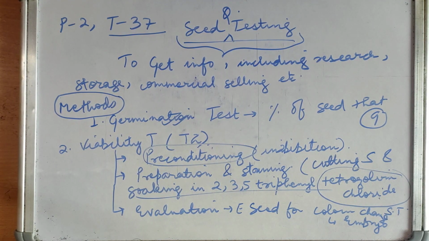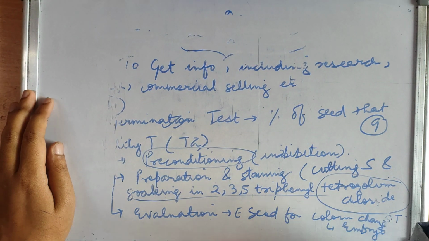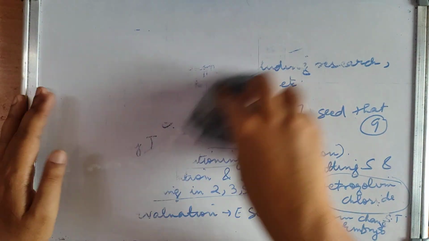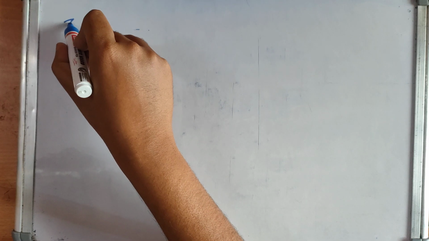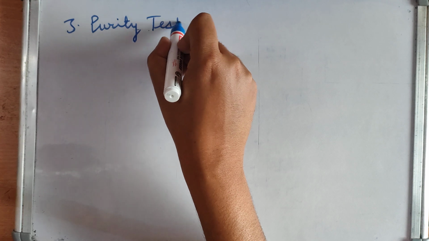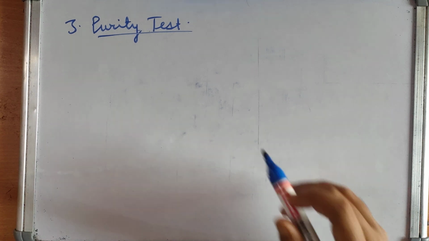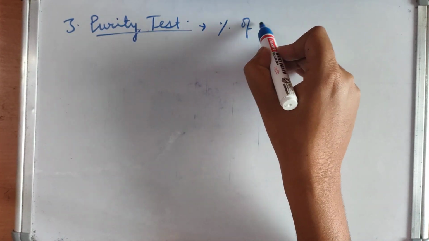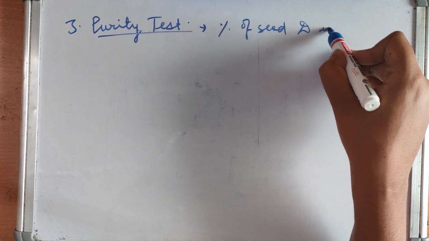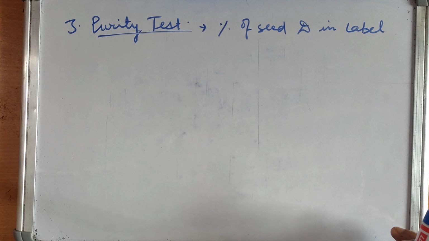Third one is the purity test. That is the percent of seed described in the label that is actually found in the quantity of seeds.